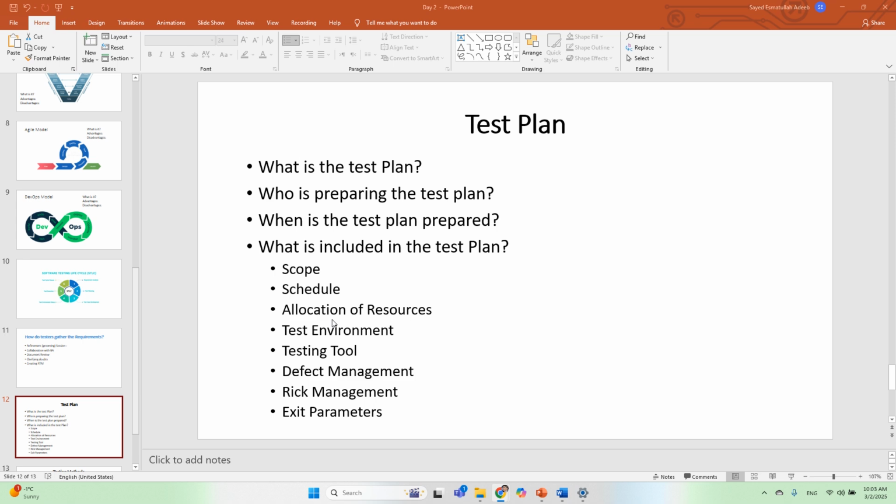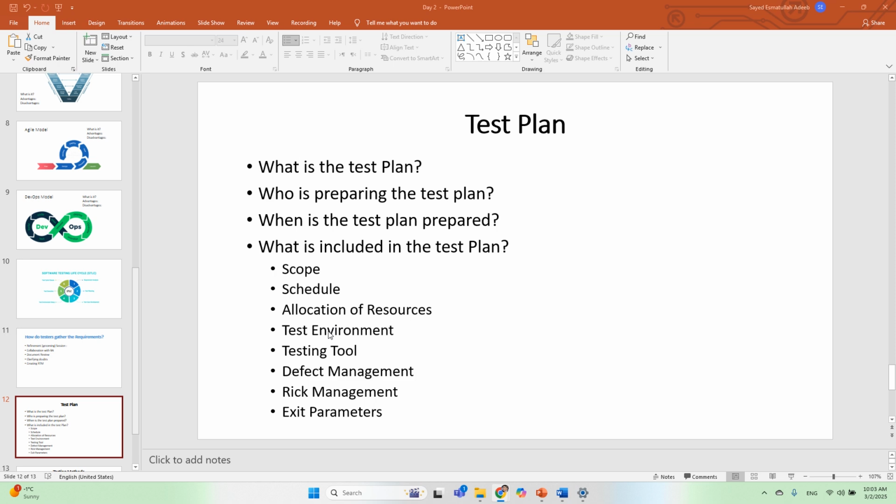Test environment. As I mentioned, every company has multiple environments: one environment for development, one environment for testing, and one environment for the end users.